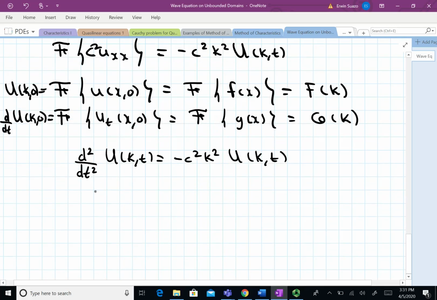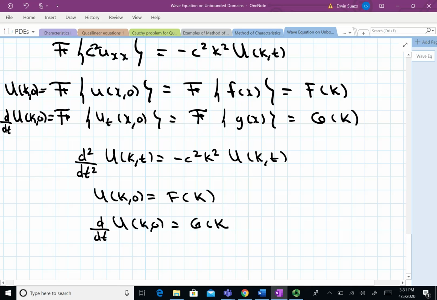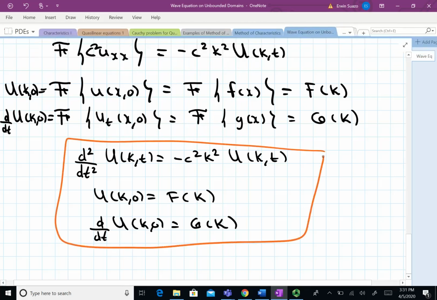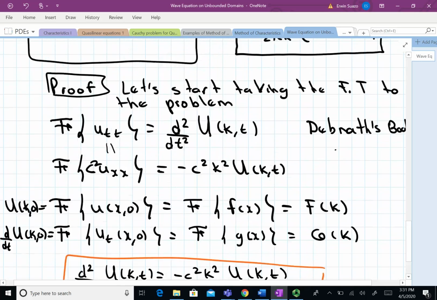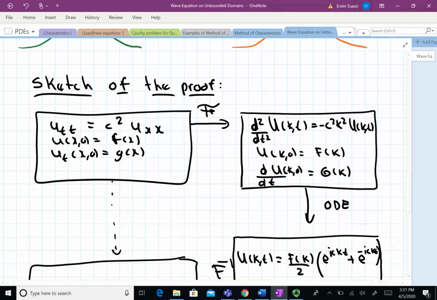So I obtain capital U(k,0) equals F(k), and the derivative with respect to time of capital U(k,0) equals G(k). So I have obtained my first step. Okay, so this is this step.